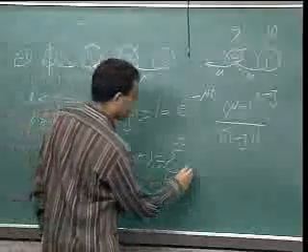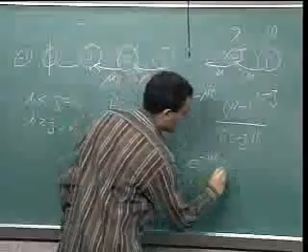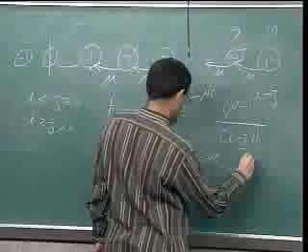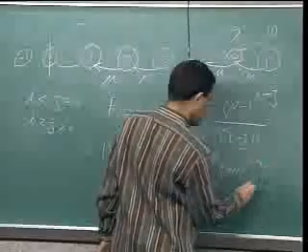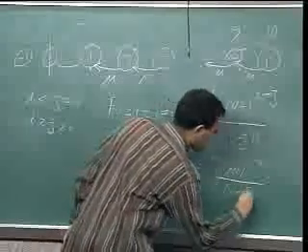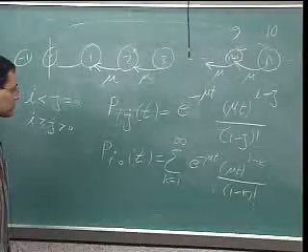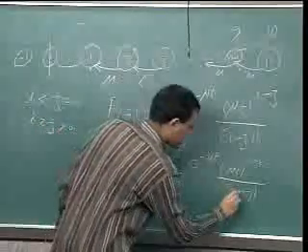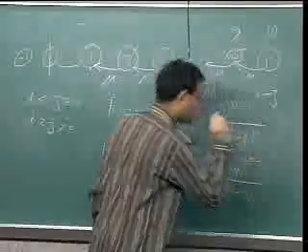So any of these things would be e to the power of minus mu t, mu t to the k, over k factorial.